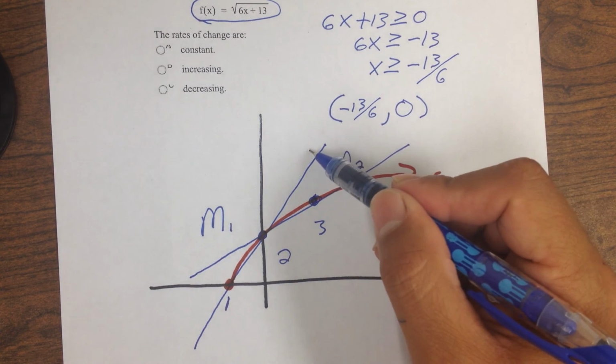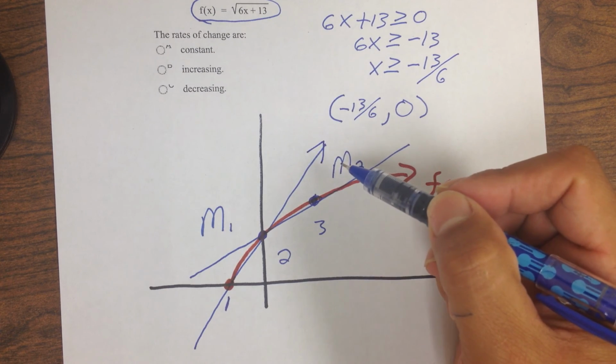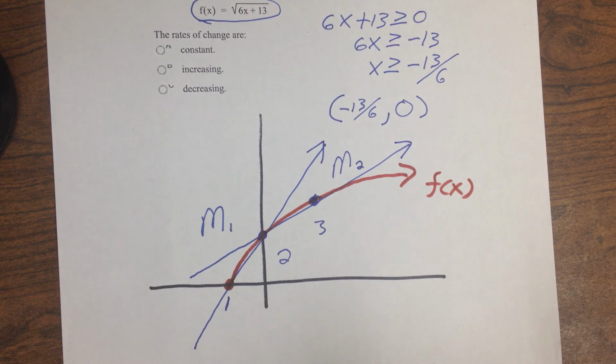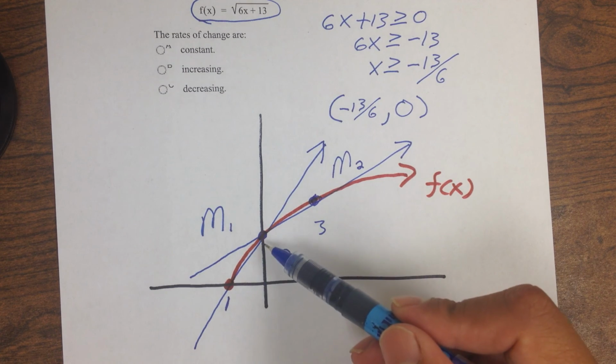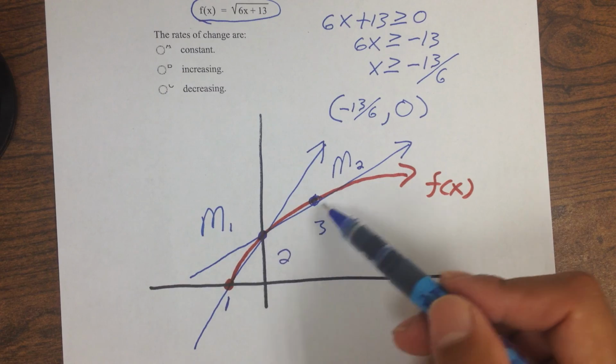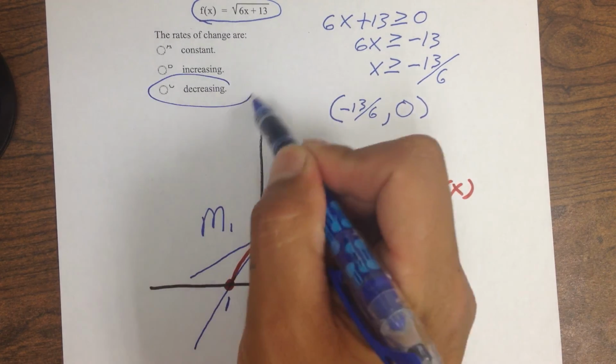Notice, on the first secant line, the slope of it is larger than the slope of the second secant line, which means the rate of change between the first 2 points is larger than the second 2 points. So my rate of change is decreasing.